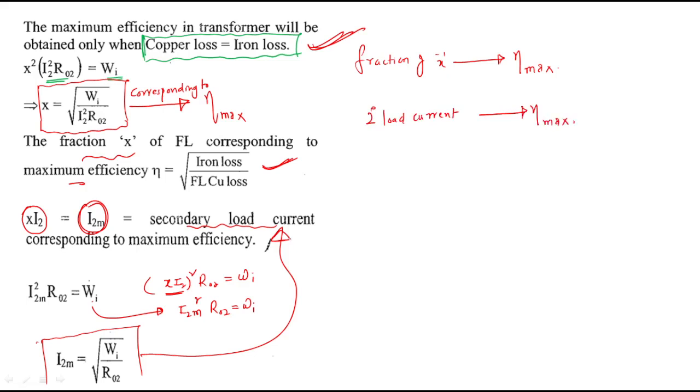For the fraction, what is the formula? x is equal to the square root of Pi by PCU. For the current, what is the formula? I2M is equal to the square root of Pi by R02. Okay.